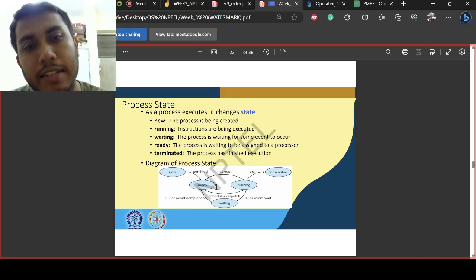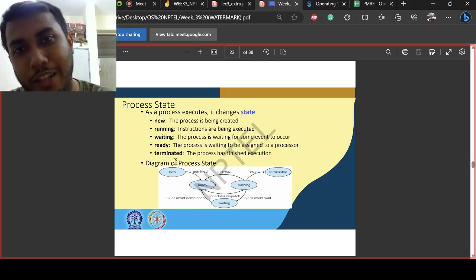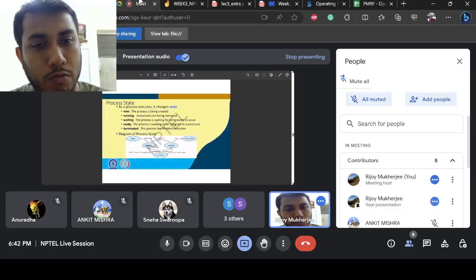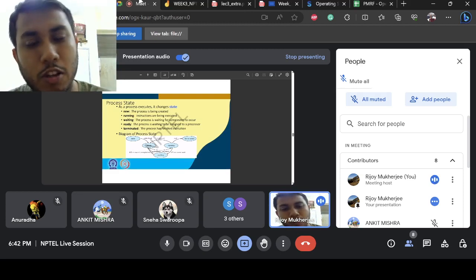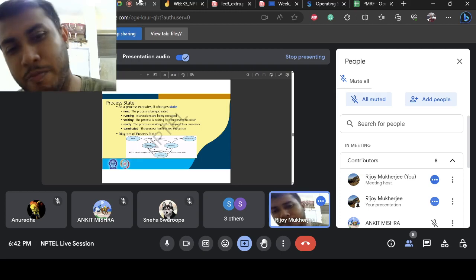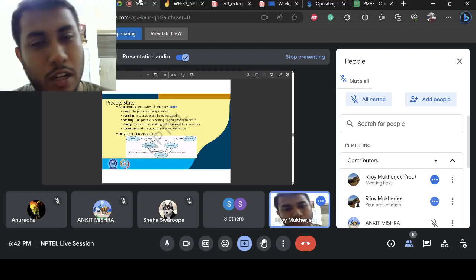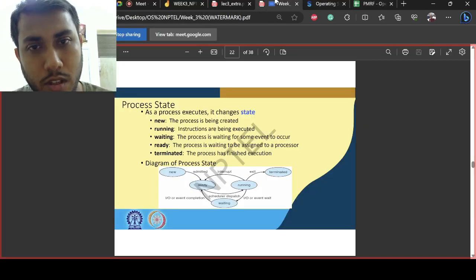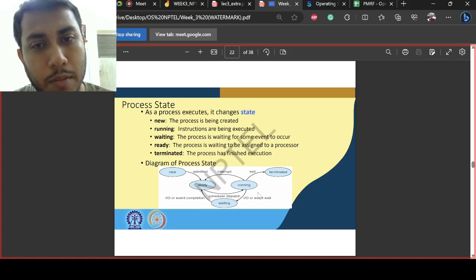There are some fundamental algorithms on why a particular process will be selected. Let's assume there are some priorities associated with each process. Based on those priorities, the OS selects it and puts it into the running pool. From the ready pool, it goes into the running pool.